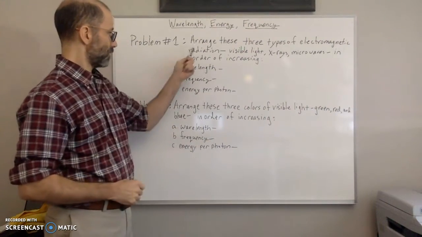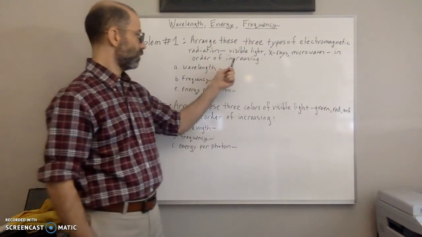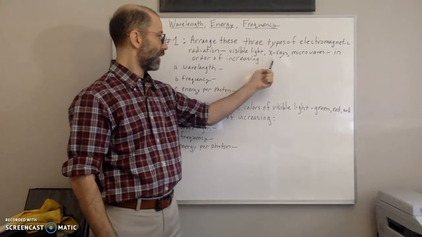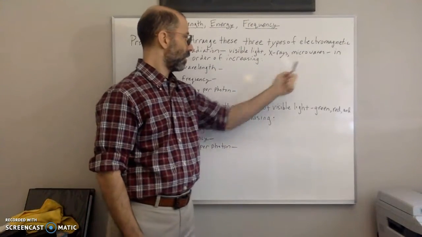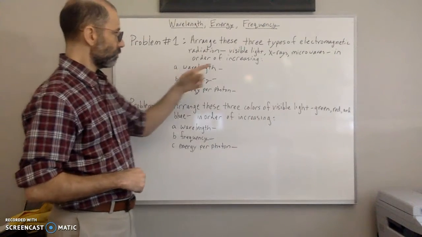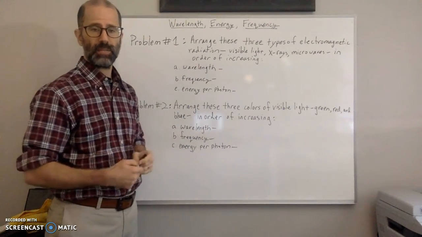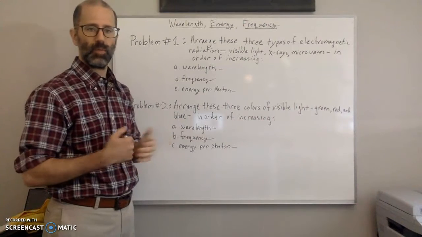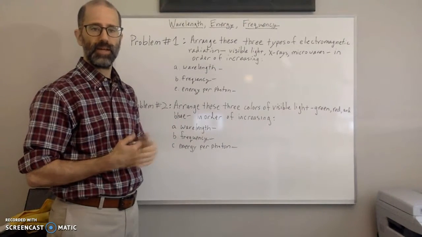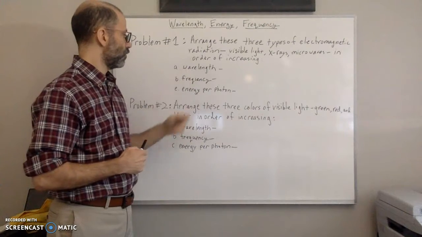So the three types, in problem number one, that they're giving you are visible light, X-rays, and microwaves. If you know the order according to, say, the amount of energy, or wavelength and things like that, then you can figure out the order with respect to the other two.